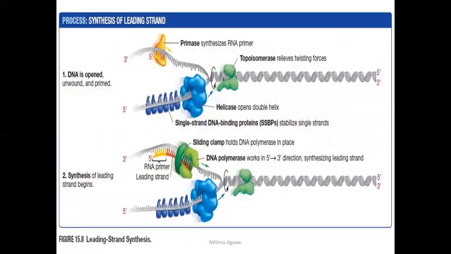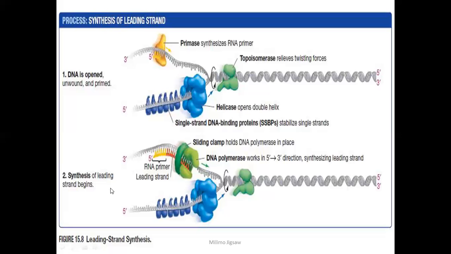So now synthesis of the leading strand. Leading strand synthesis is very easy and straightforward. And we've explained much of how that happens. So remember, DNA is opened and unwound, and then we have one primer. So RNA primase will synthesize a primer. One single primer for the leading strand.